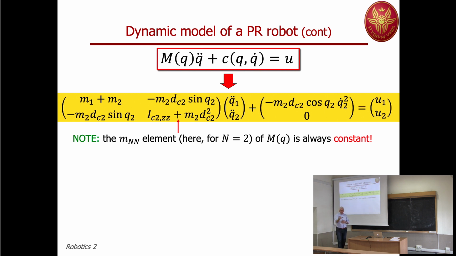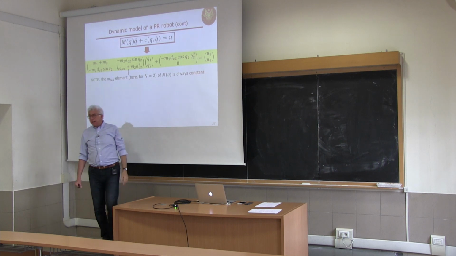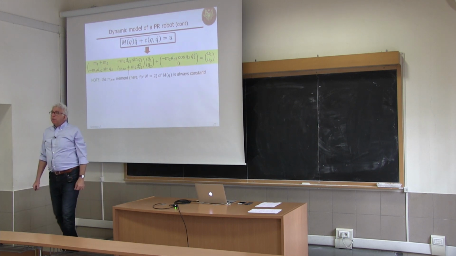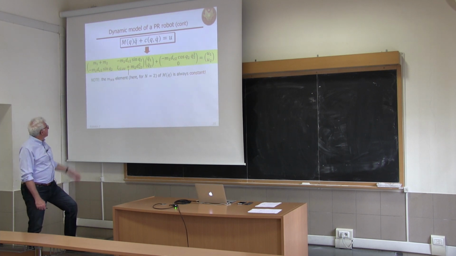Because this is in fact the inertia seen when you're moving the last joint. You're accelerating the last joint only, all the rest is kept fixed. So this is like being a single link which is rotating around this joint axis. So this is the total inertia, it's constant. This property which holds here is true for any robot with any number of joints of any kind. So the last element on the diagonal is always constant, and here is a special case.